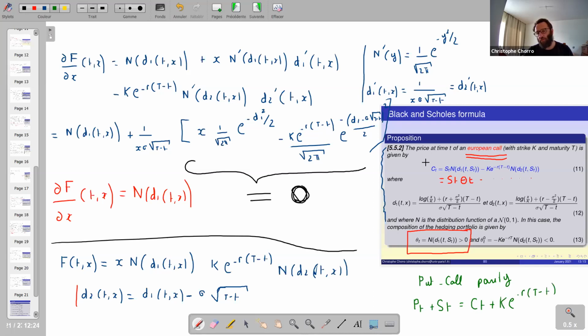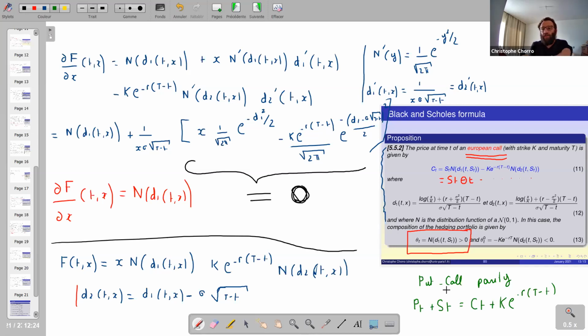And it means that if you replace the C_t you obtain in this proposition in this expression, you will be able to obtain a nice formula for P_t. So you have the result for the call here, and as a byproduct, we have the result for a put using the call-put parity.